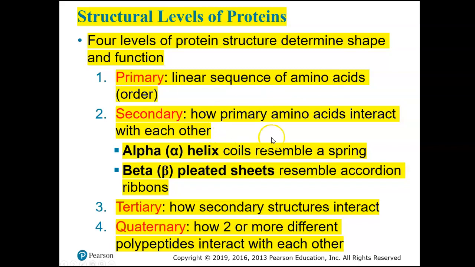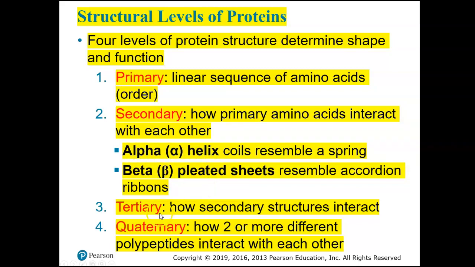The secondary structure is when that chain either forms into a helical structure resembling a spring. It's called an alpha helix. Or forms into a pleated shape, like if you've ever made a paper fan, with pleats. So the secondary structure is either an alpha helix or a beta pleated sheet.